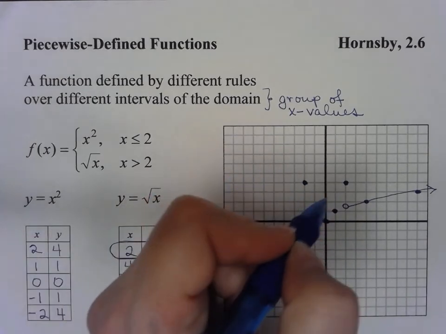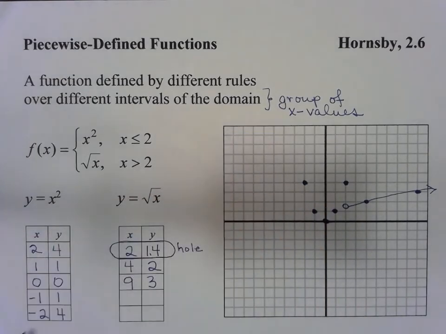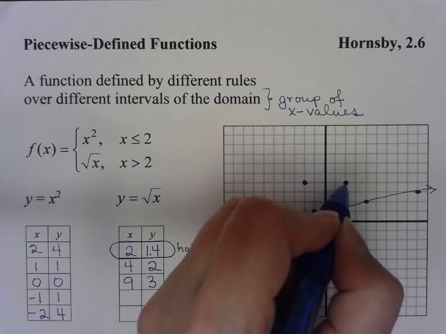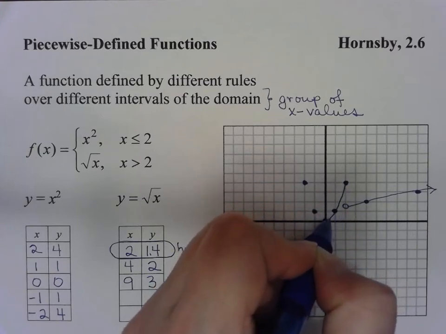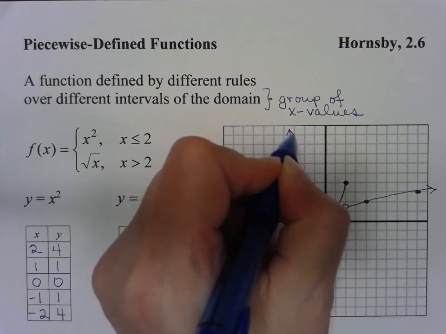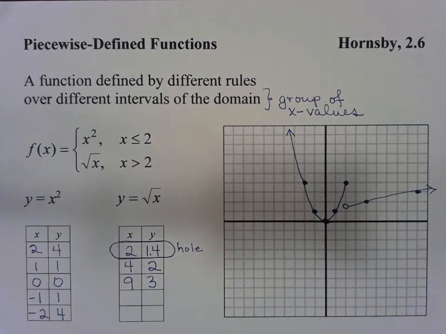It continues in that direction because we could keep going with our list over here. But it stops here. So we have a parabola that continues on the left but stops on the right.